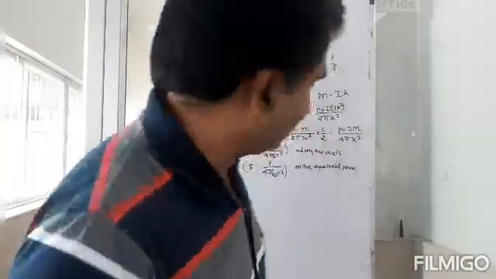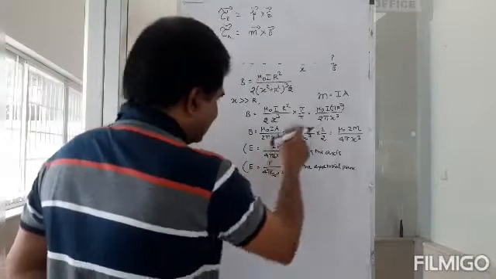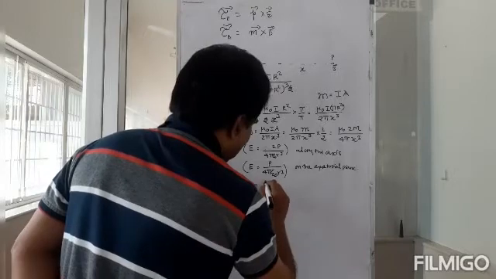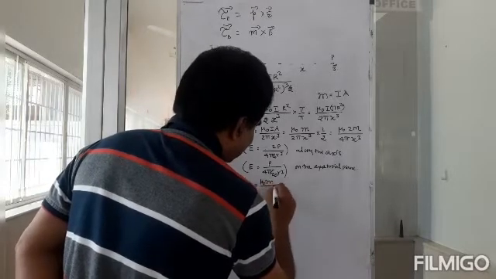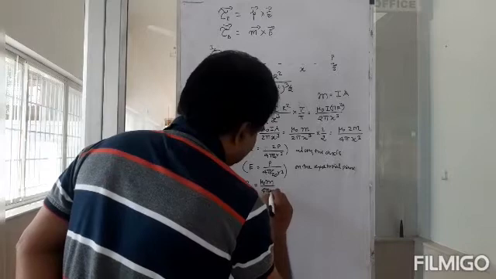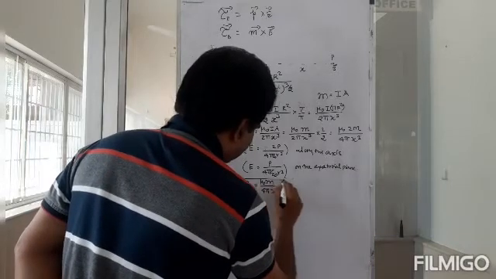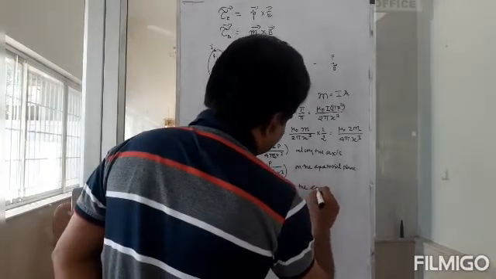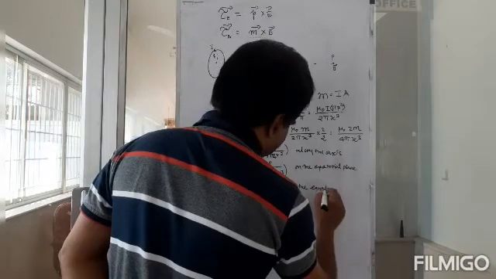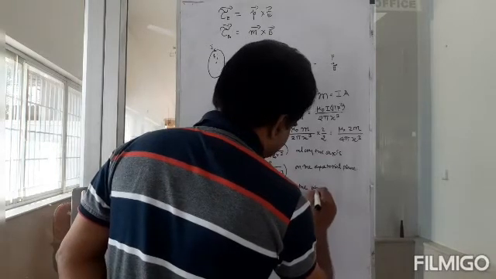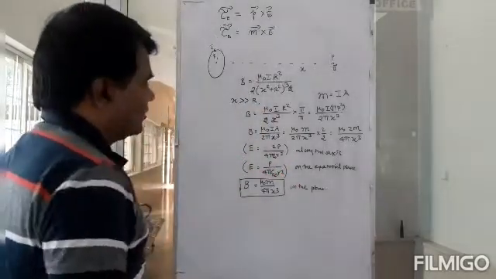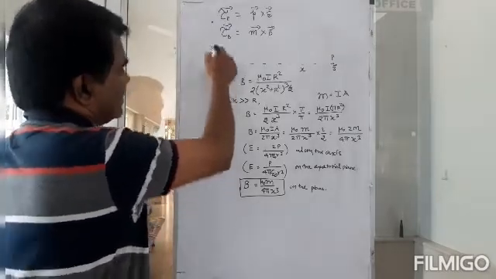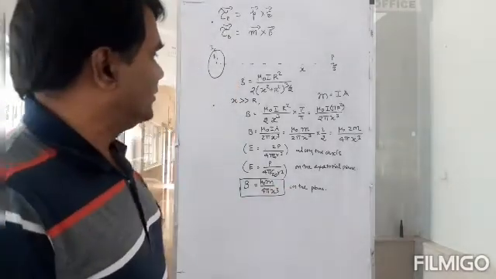For this you will have B equal to mu naught m by 4 pi x cube, on the equatorial plane, perpendicular to the dipole, either here or here, at some distance x. So this is what you find. It's very similar.